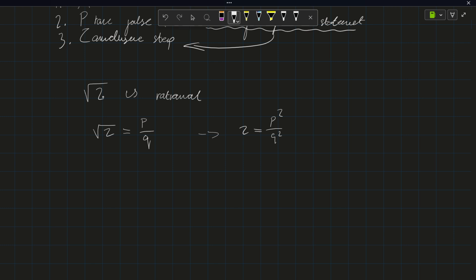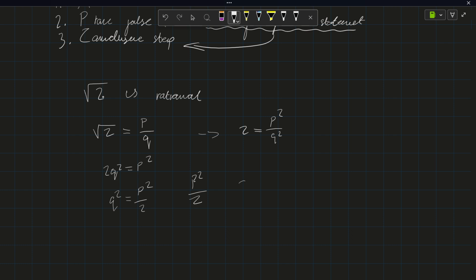Then from there, we could do 2q squared equals p squared, and then finally, q squared equals p squared over 2. This is very, very valuable. Doesn't seem valuable at first, but what it's basically saying is p squared must be divisible by 2.